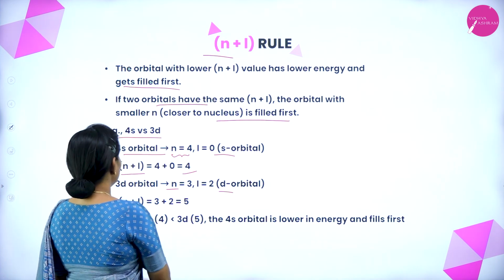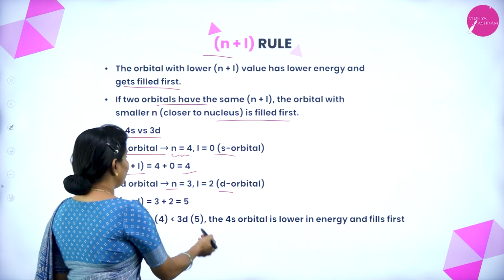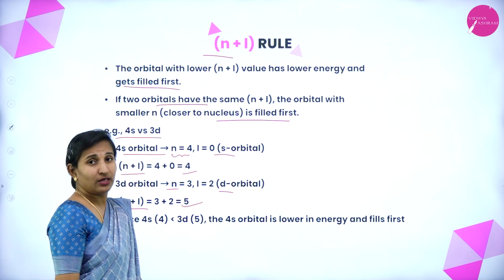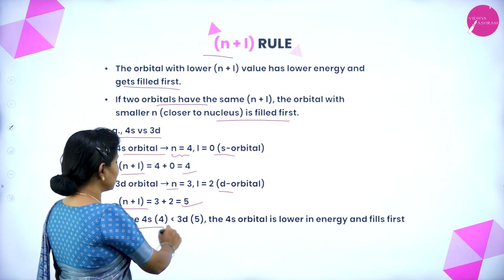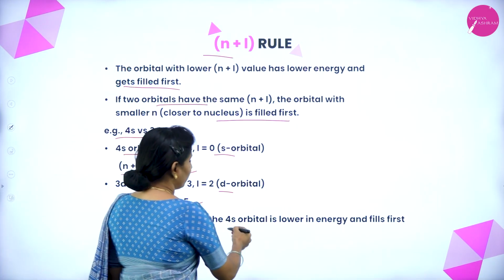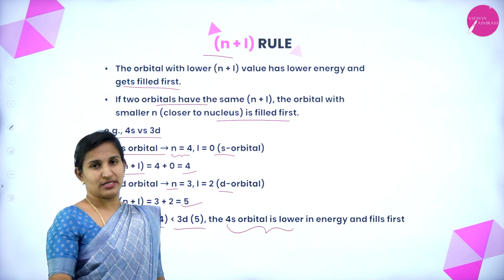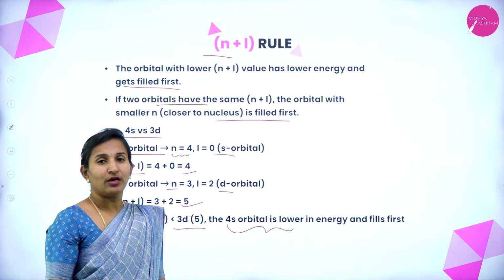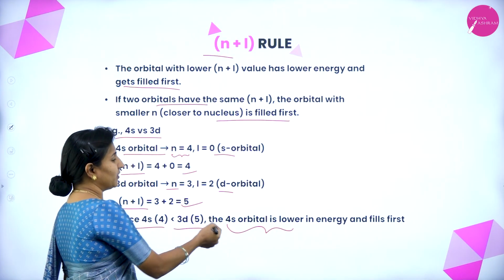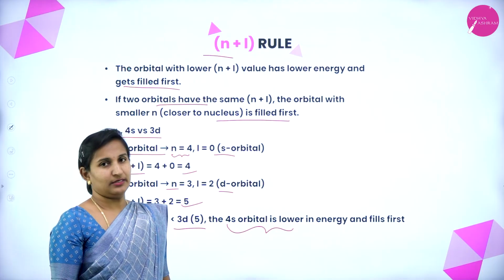The d orbital, n plus l value, that is 3 plus 2, having 5. Since 4s and 3d orbital shows the 4s orbital is lower energy and filled first. That means electron fills the 4s orbital first, then it goes to the 3d orbital.